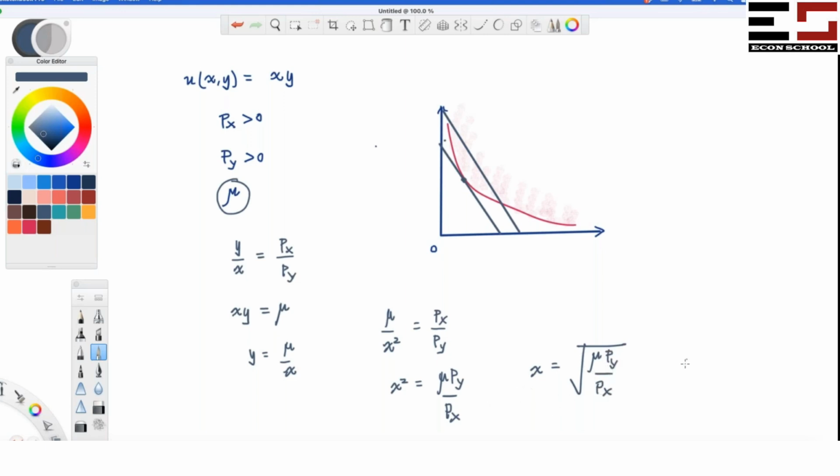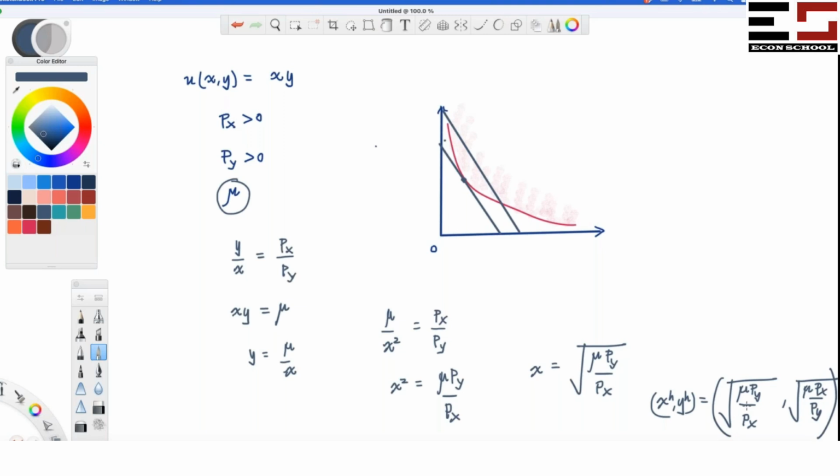Similarly, by symmetry we can write the Hicksian demand for y as well, and we get the square root of mu py by px, comma, square root of mu px by py.